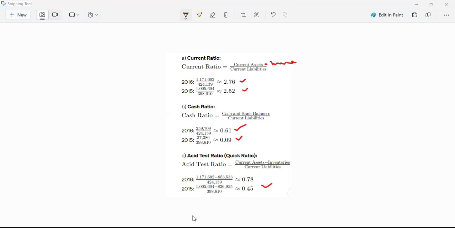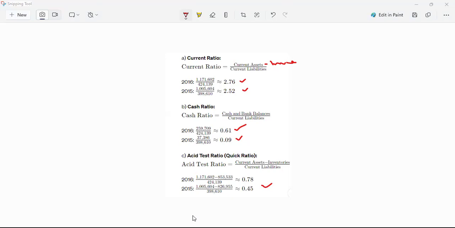When we go to the cash ratio, it measures the company's ability to cover its short-term liabilities with cash and cash equivalents alone. A higher cash ratio indicates a stronger ability to meet our short-term obligations with readily available cash. Here, it increased significantly from 2015 to 2016, from 0.09 to 0.61.